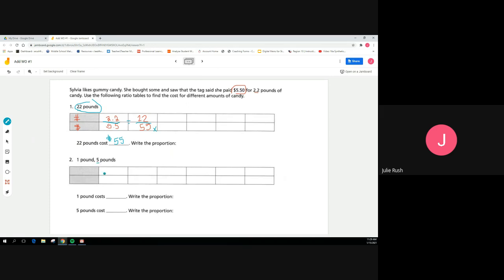So that's what my goal is going to be. And so let's start with the same ratio, pounds over money. That's 2.2 and 5.5. I'm not going to write them because I'm going to jump straight to the 22 and the 55.